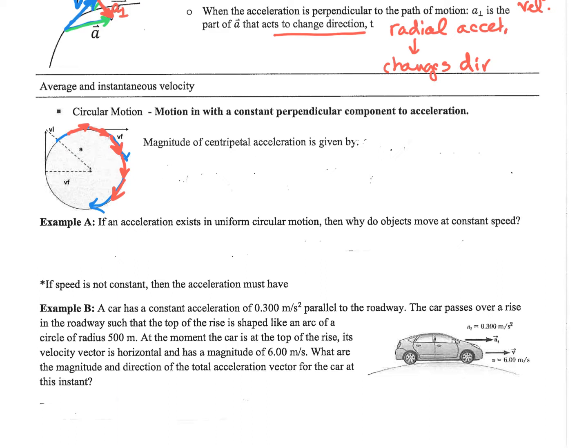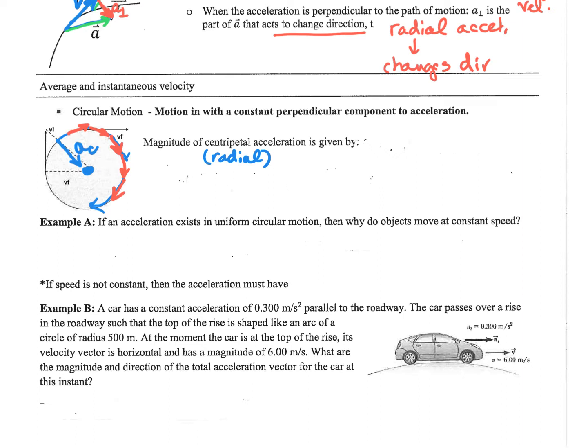The centripetal acceleration is the acceleration that acts towards the center of the circle. So centripetal acceleration is this guy right here. This is a centripetal, okay? So we've got centripetal acceleration acting towards the center of the circle. So this is going to be our radial. Centripetal is going to be our radial.